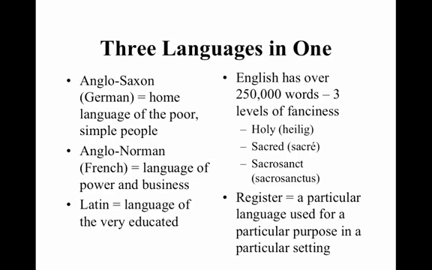Again, that was a slightly fancier group of people. And the fanciest word we can use for sacred or holy is sacrosanct, which comes from the Latin sacrosanctus. So again, we have 3 words that mean the same thing, but holy is not fancy, sacrosanct is very fancy, and that comes from the 3 different languages that combine together to make English.